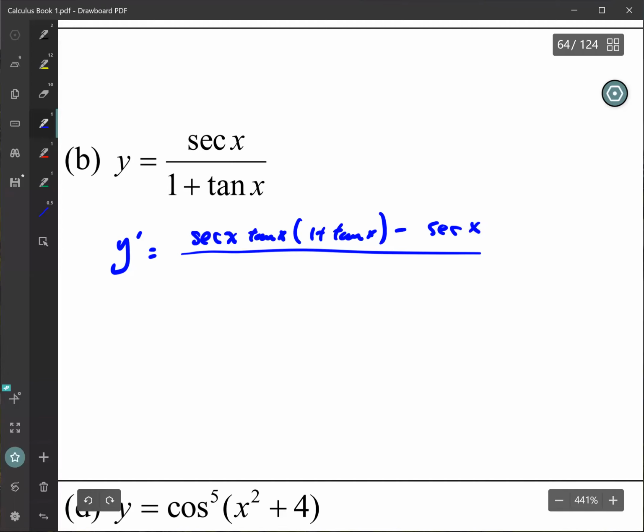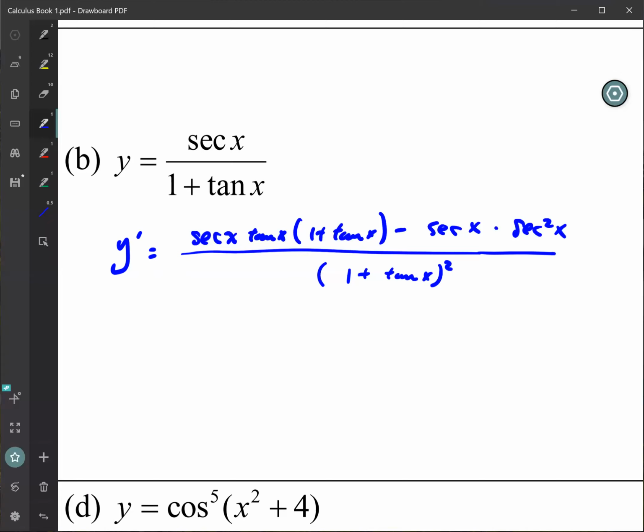Okay, thank you. Secant x times tangent square, secant square. And then over g squared, so it'll be 1 plus tangent x squared. Does anyone has question about this line? Please let me know.